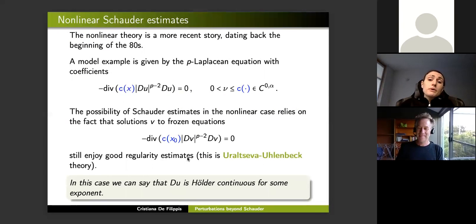Now, the corresponding nonlinear theory is relatively more recent and it begins in the 80s. Indeed, the underlying idea is always the same.